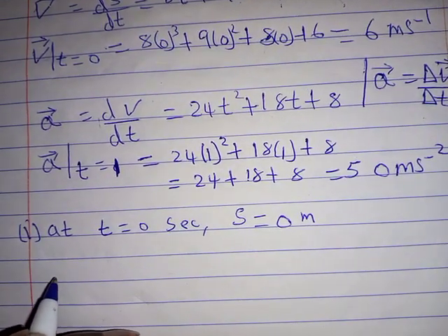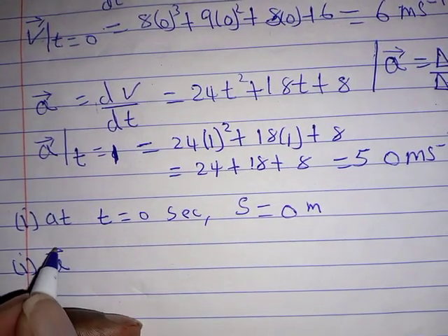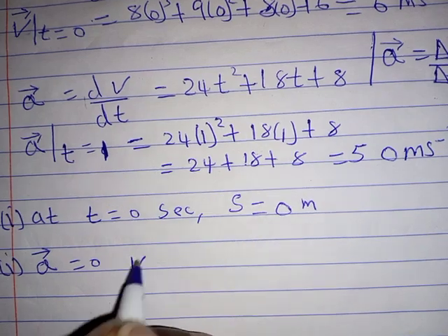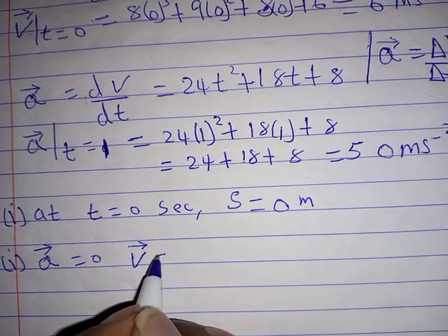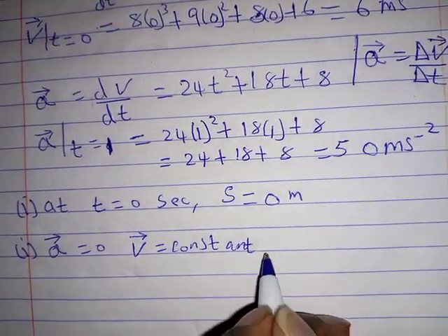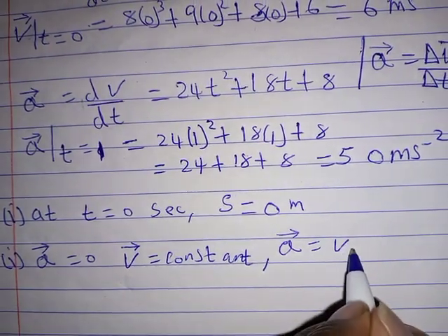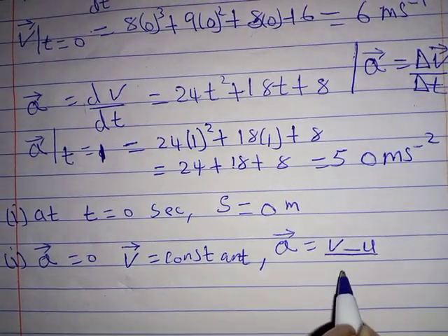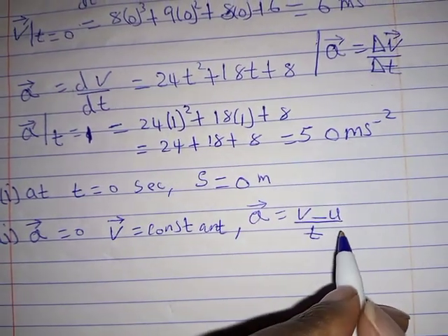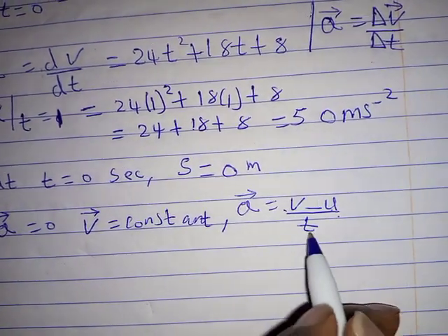Something else to note is that acceleration is equal to 0 when velocity is constant. So when velocity is constant, acceleration is 0, because acceleration is given by a equals v minus u over t, where v is the final velocity, u is the initial velocity, t is the time.